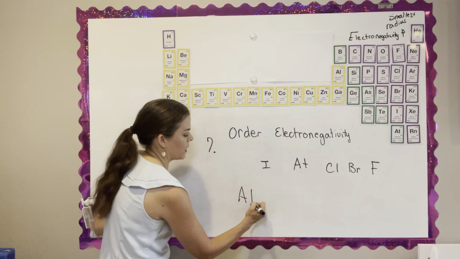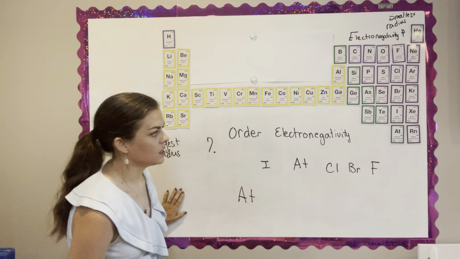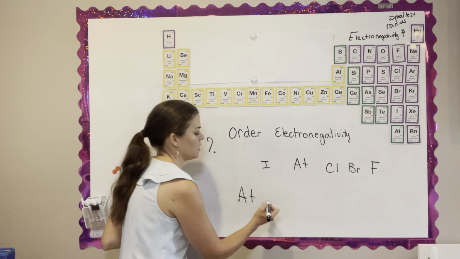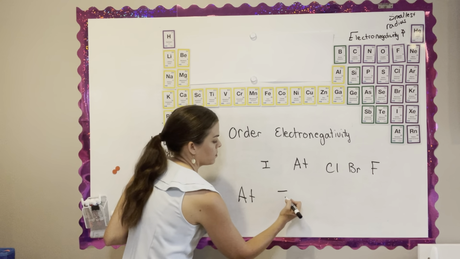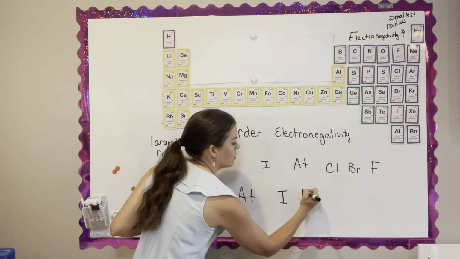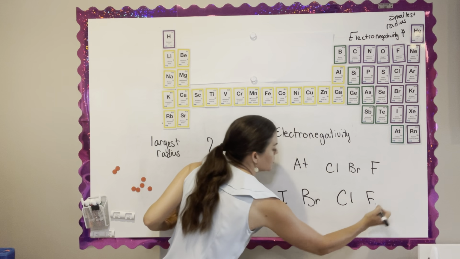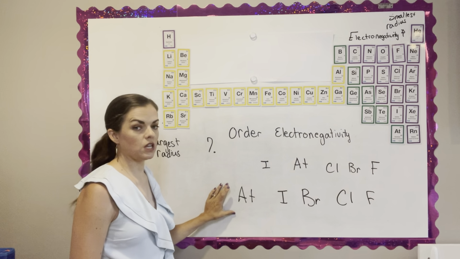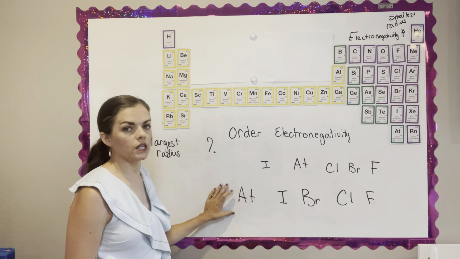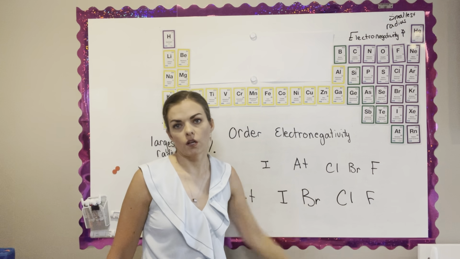And so the very bottom one, the astatine, is going to be the least electronegative, and it's going to work its way up the periodic table. And so this would be the order from the least electronegative to the most electronegative.